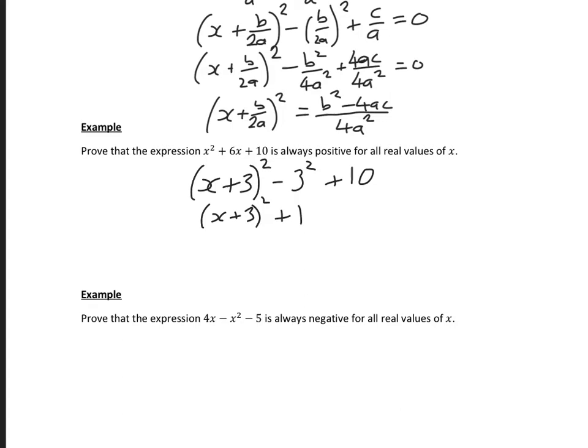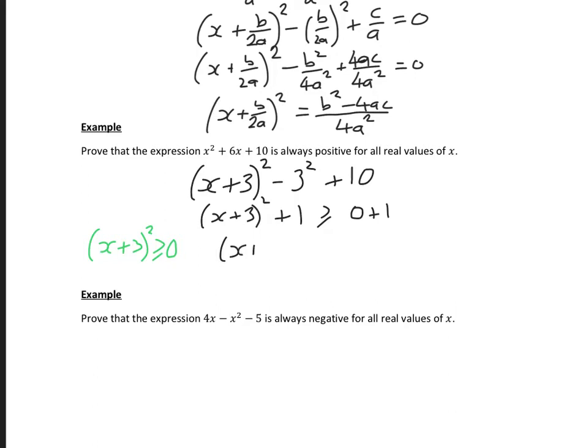Now the trick here is x plus 3 squared, that's a square number, so that's never negative, it's always bigger than or equal to 0. So therefore this expression here is always bigger than or equal to 0 plus 1.